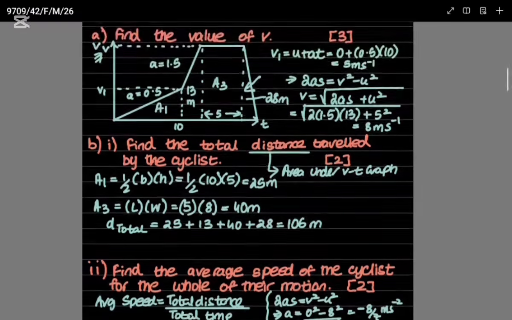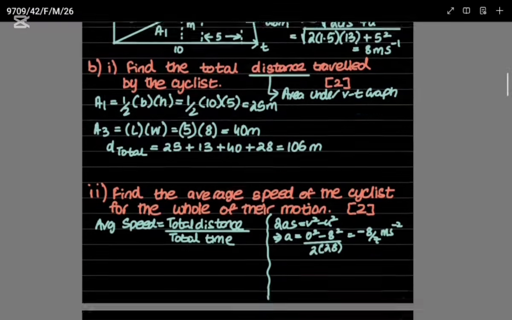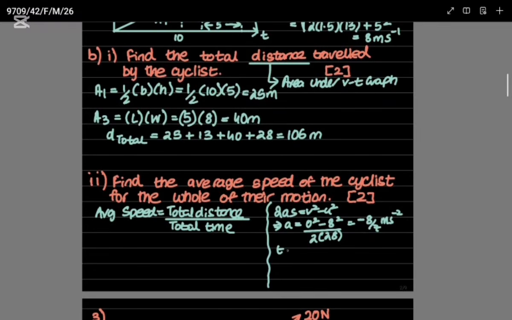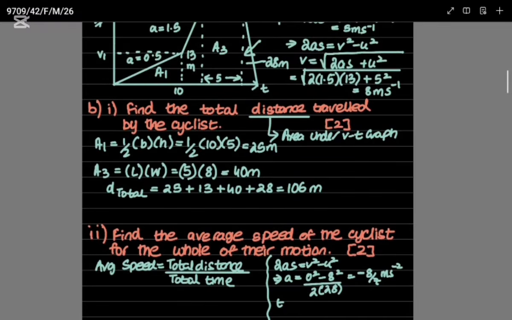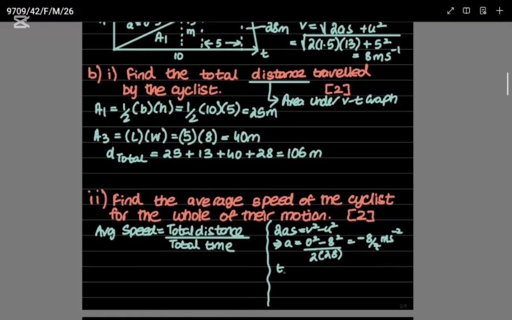Now we can find T, let me say T4. It is v minus u over a. V was 0, u was 8, acceleration we just found, minus 8 over 7.